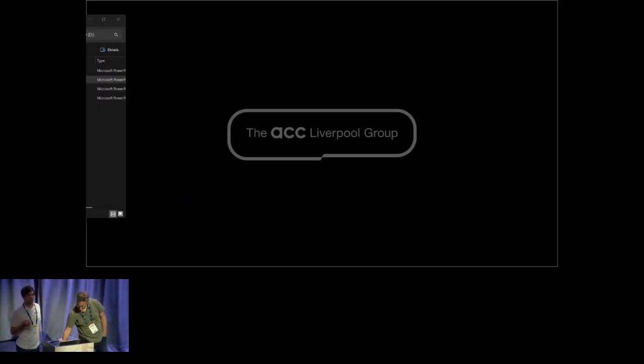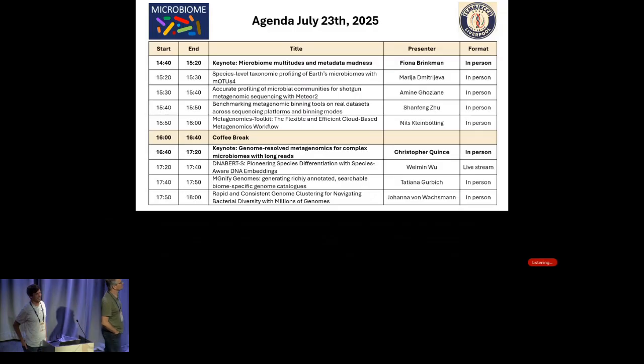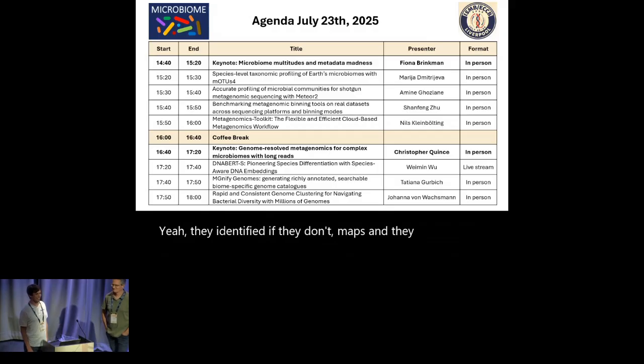If it doesn't map to the database, then we have it. I think there are a lot of novel plasmids that are interesting, maybe interesting to explore in the future. Yeah, if they don't map, you get that information.